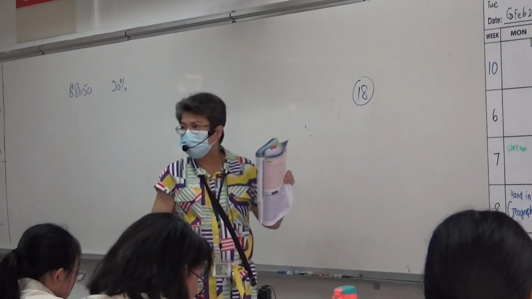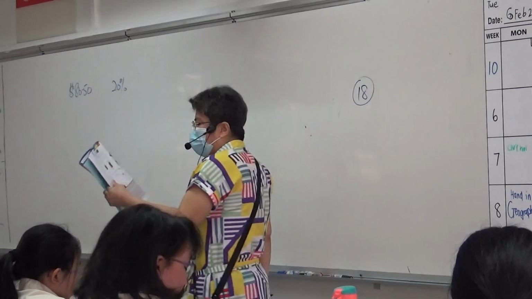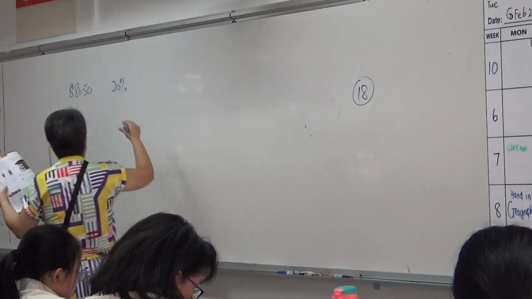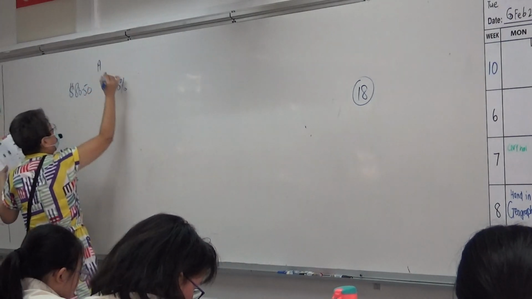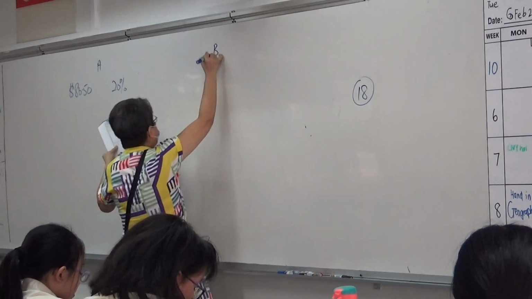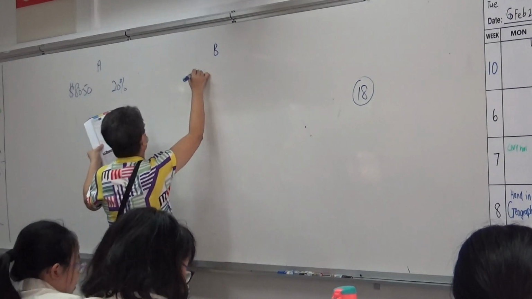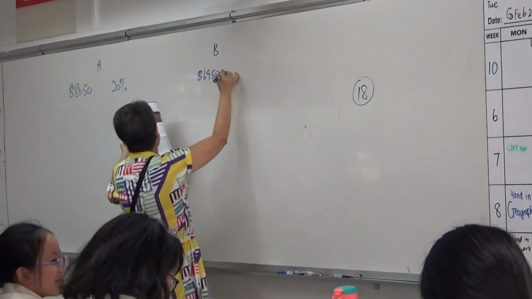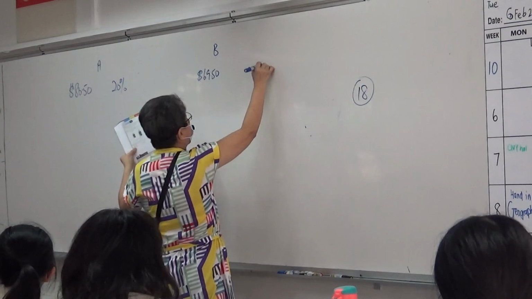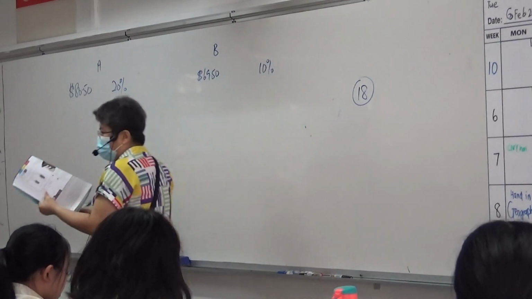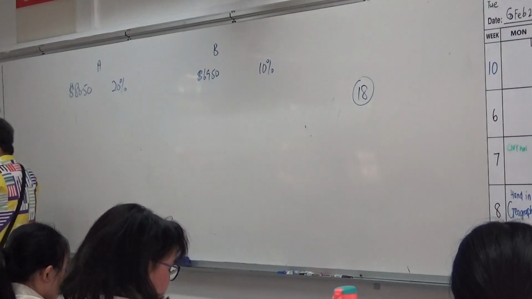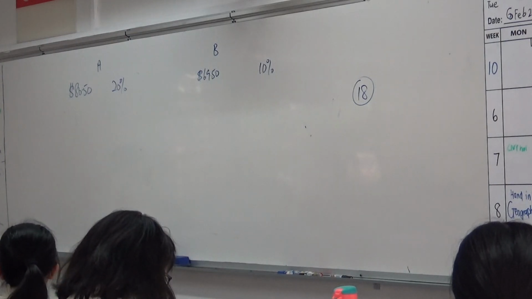That means before the 20% discount. Understand? Shop B sells a pair of shoes for 69.50 before a 10% discount. Understand?